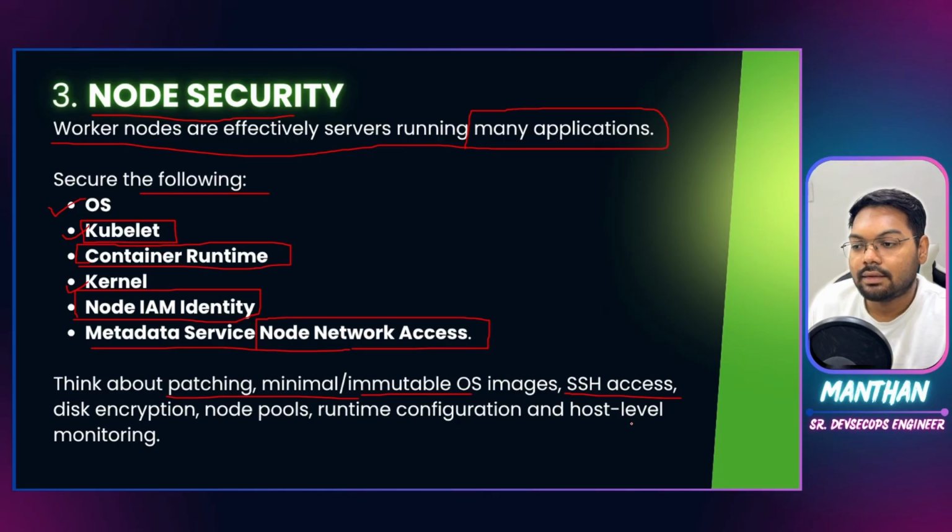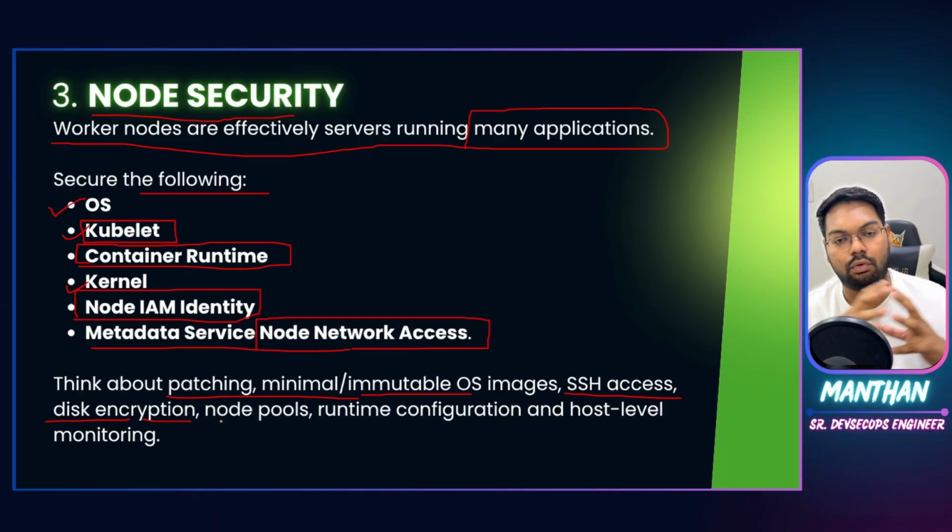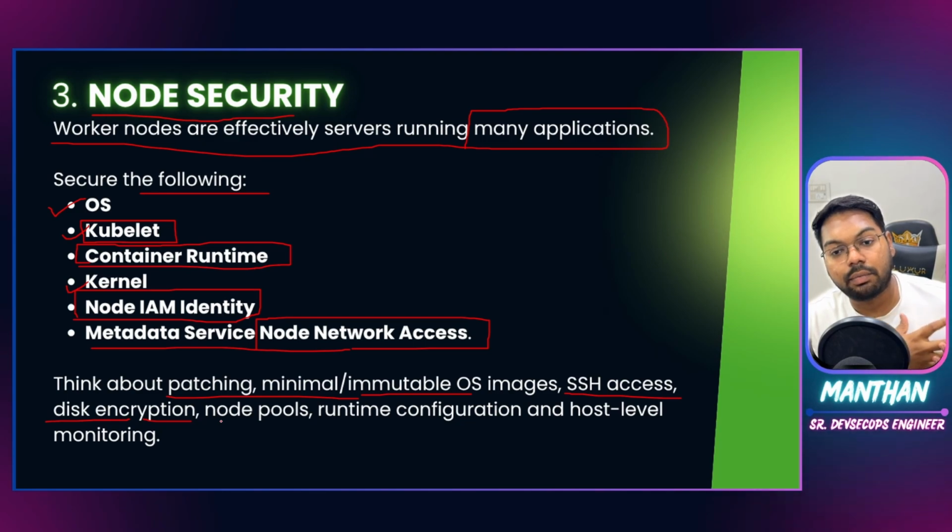Then whether SSH is enabled or not for the node needs to be taken care of. Then disk encryption: the block storage associated with your node, the EBS, is it encrypted or not?